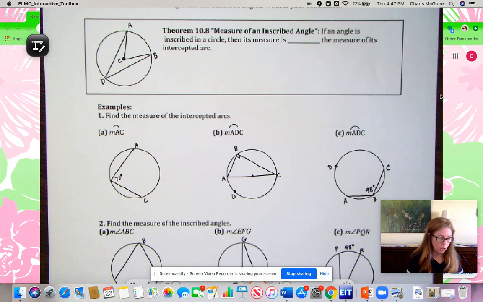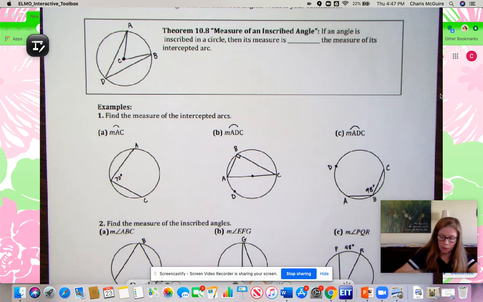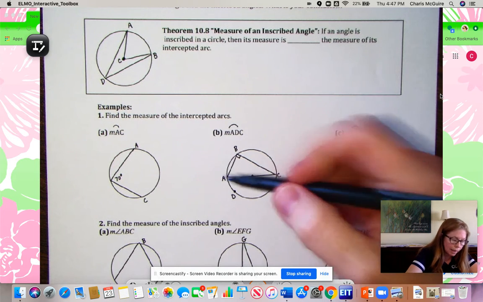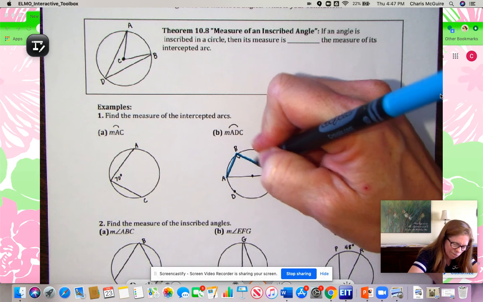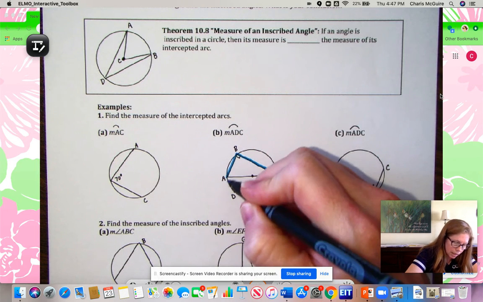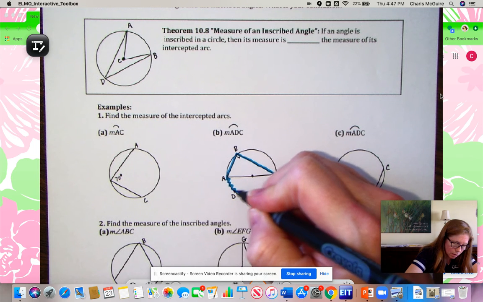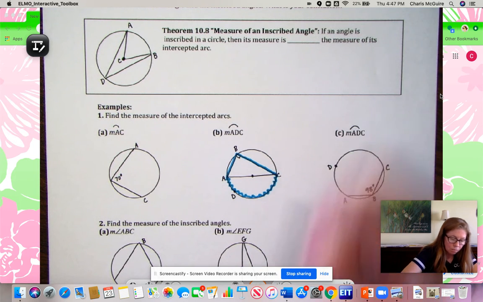So here's what I want you to notice. We have angle ABC as our inscribed angle, and they show it to you as part of a triangle. And that's super important because you're going to notice that it's a right triangle. And not only that, the diameter is the hypotenuse. And that's super important because if you highlight this inscribed angle that's 90 degrees, you're going to notice that it intercepts a semicircle, right?